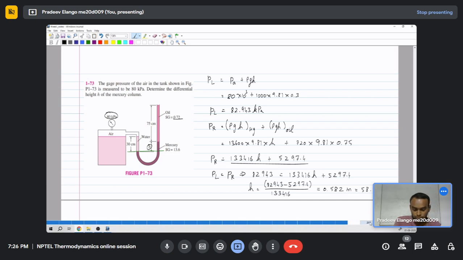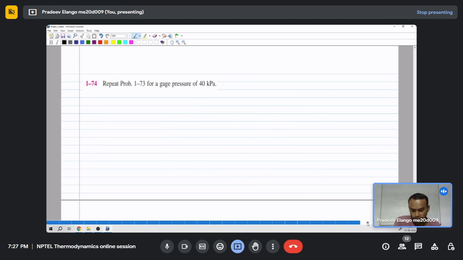This problem is clear. Now again it can be repeated with a gauge pressure of 40 kilopascal.